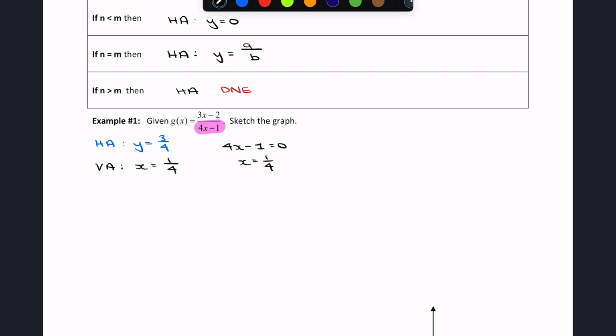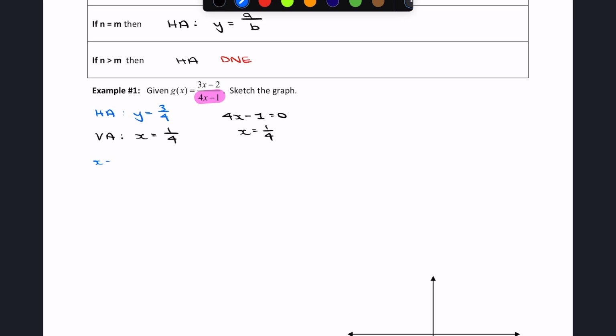And our x-intercept here, again, means that our numerator is equal to 0, and also when y is equal to 0.